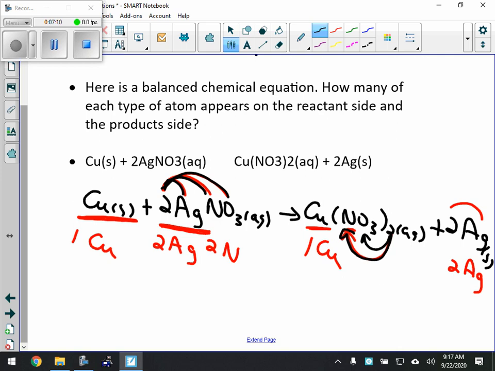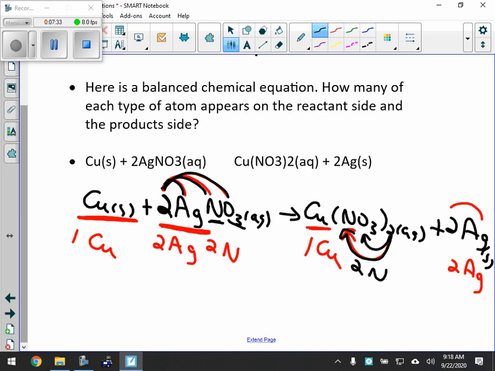2 nitrogens, yes. And then how many do I have here? 2 nitrogens, yes. That 2 goes to whatever's in the brackets here. Now, how many oxygens do I have on the left-hand side? I just have to be aware. Yeah, 6. Basically it's saying I have 2 O3s.